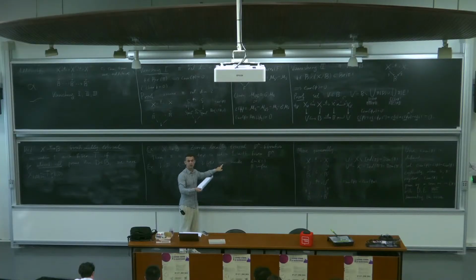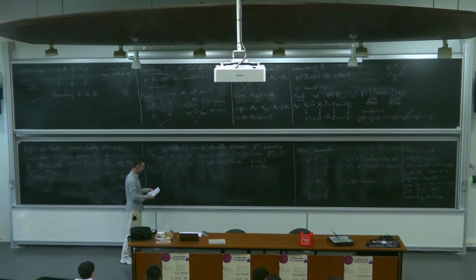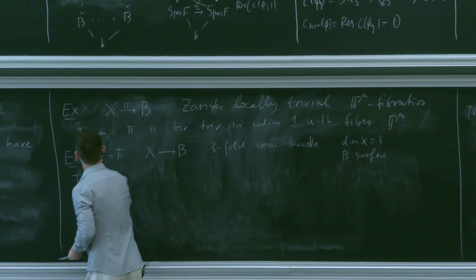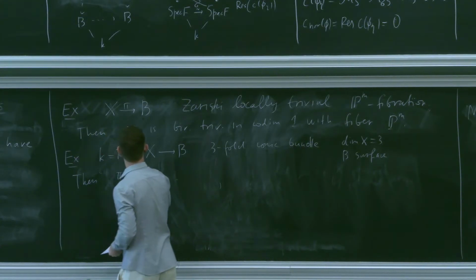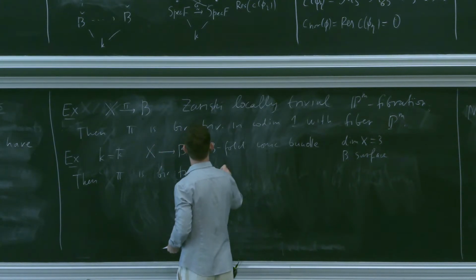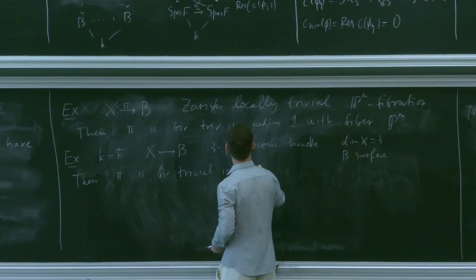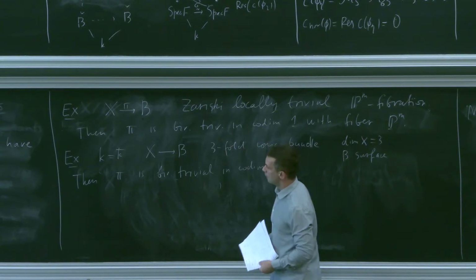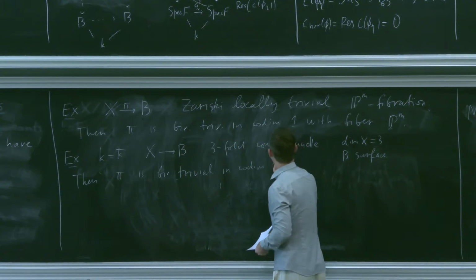It's not Zariski locally trivial, only étale locally trivial over some open subset. But still I claim that in this situation it's also true: π is birationally trivial in codimension 1, with fiber P^1.